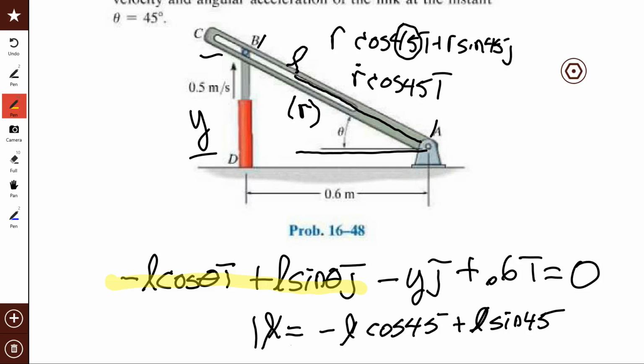Okay, who else got something that's different? I thought about canceling or just taking out the L sine theta and Y, but I don't know if that's right, because I would think that they would be the same but opposite. Yeah, and that's what they are, right? Because how many j's you got over here? None. So that says that L sine theta equals Y. Now, I didn't say loops are the only way.